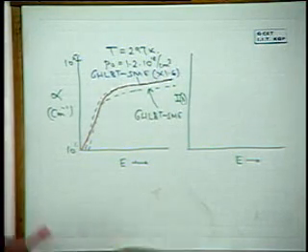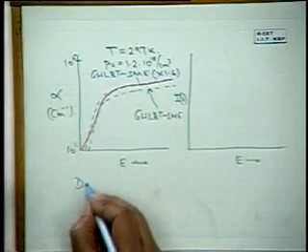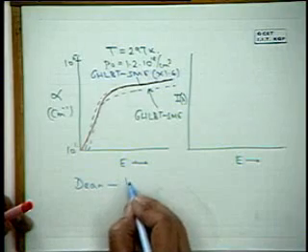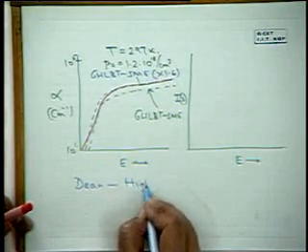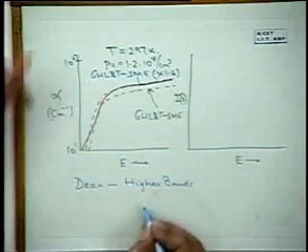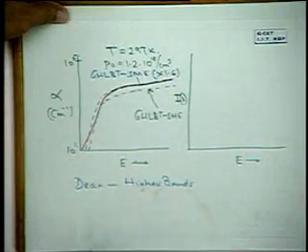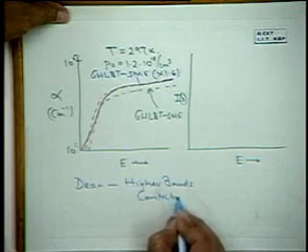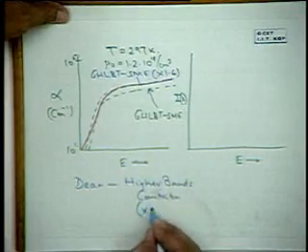It turns out that Dean had pointed out that if you take the contributions of higher bands in the matrix element, not only the lowest band, but if the higher band contributions are taken into account, then this SME will be multiplied by a factor of 1.2.